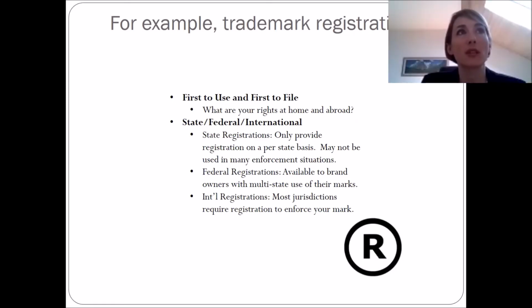Getting the registration really makes it so much easier to enforce your mark too, because if you see somebody ripping off your brand on Facebook, Instagram, LinkedIn, Twitter, what have you, they'll act much faster to take down the infringing content if you can point them to a registration. So all part of better brand awareness and maintenance. Thanks. Yeah.